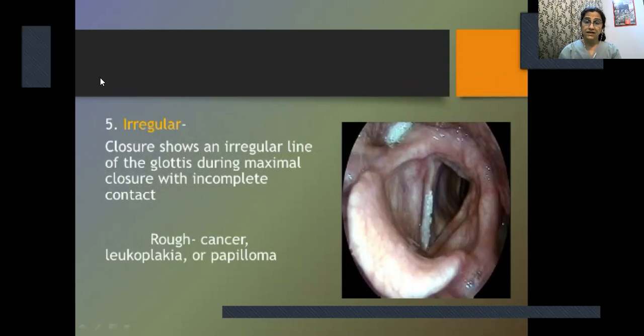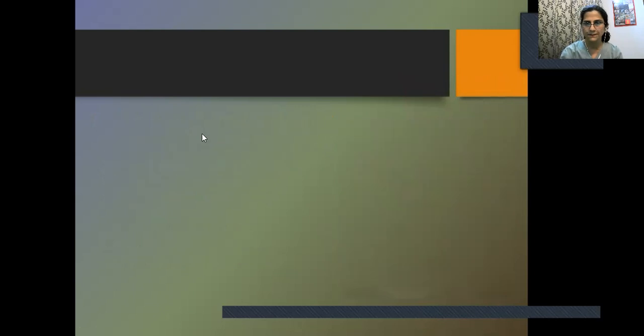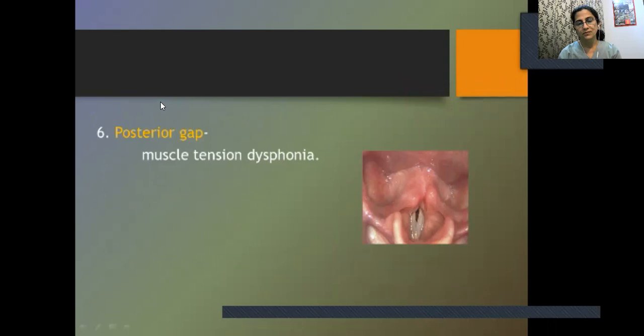You can have an irregular closure when you have either a cancerous lesion, leukoplakia or papillomas, or posterior gaps in muscle tension dysphonia.